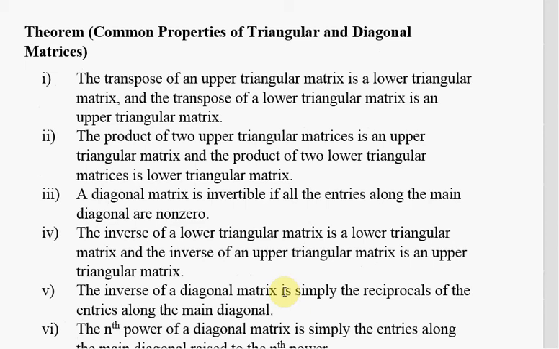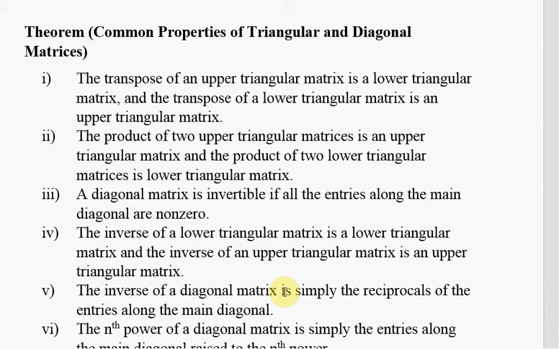A diagonal matrix is invertible if all the entries along the main diagonal are non-zero. The real neat thing about a diagonal matrix is that to find the inverse, you just invert the entries along the main diagonal, and you're done. Take the reciprocals, and that gives you the inverse for a diagonal matrix.